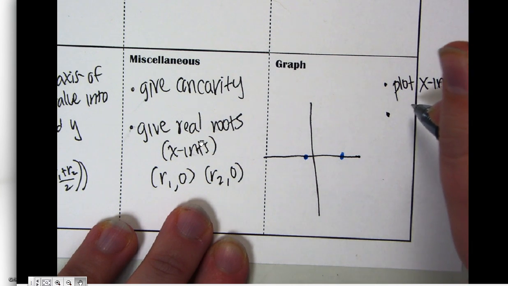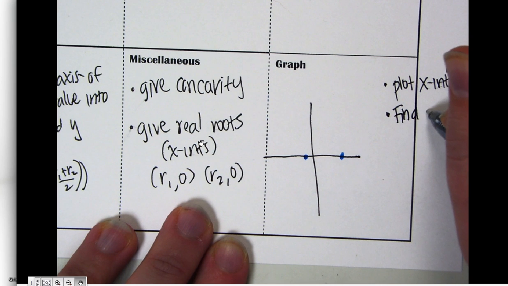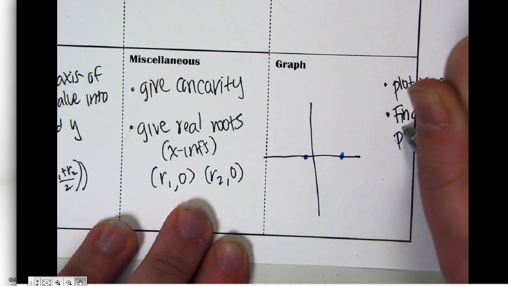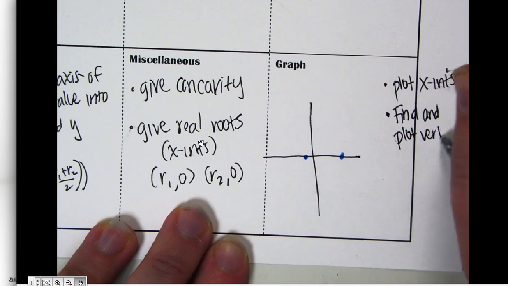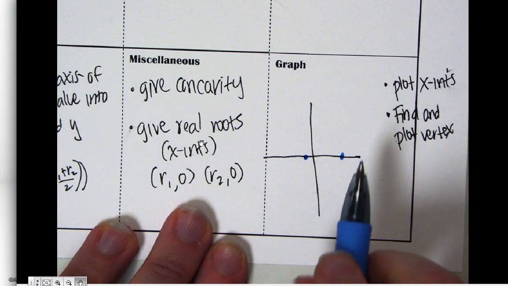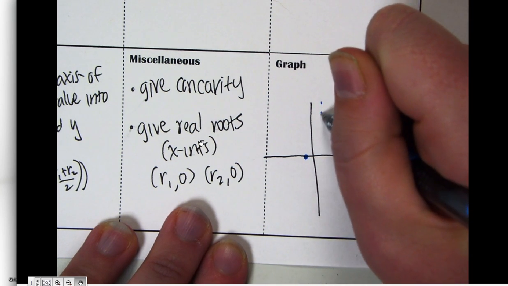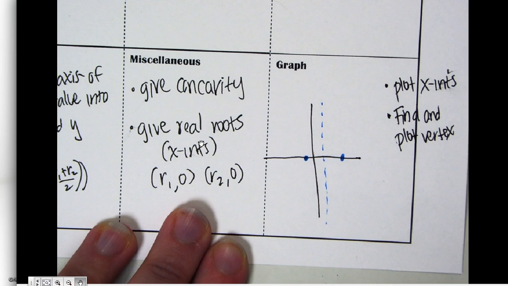From there, you want to find and plot your vertex. Okay. So how do you find your vertex? First, you want to find the axis of symmetry. And the reason that's helpful is because you know the vertex falls along that line.